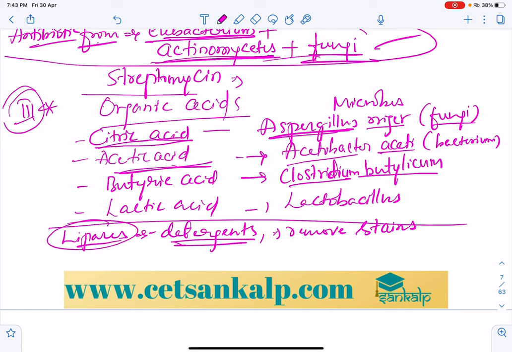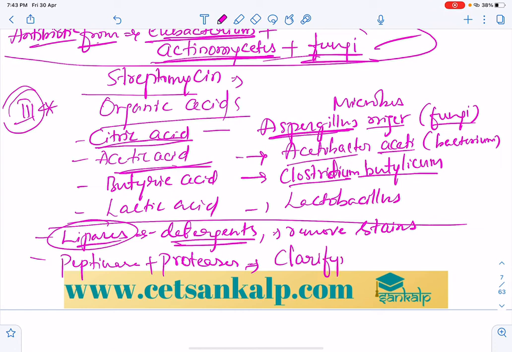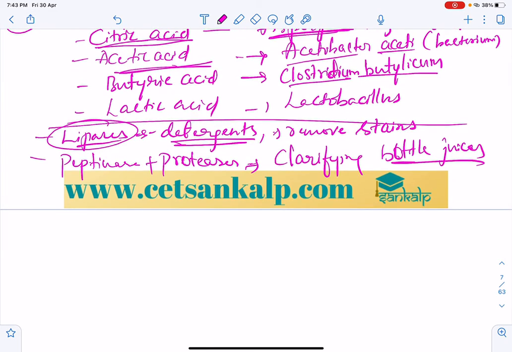And pectinases and proteases, one more example we can take. Pectinases and proteases are used in clarifying bottled juices, so that they won't get thick and always maintain a liquid condition.